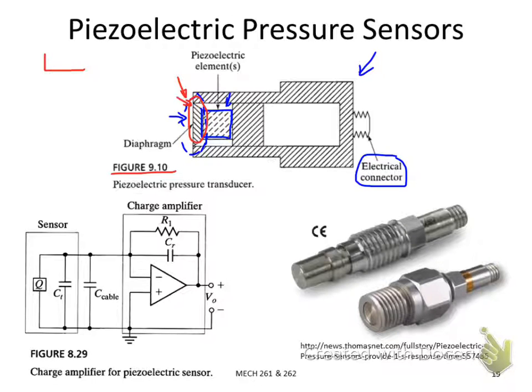Let me use a different color here. Let me use black. This is the wall I'm drawing, and you have a bottom wall. Of course, this is a circular tube, and on the side of the tube, you have a diaphragm.